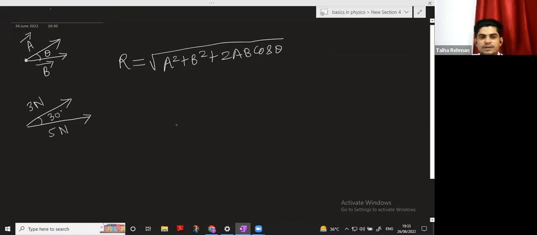So now let's see the climax. We have to find, and now you can compare what is the value of A here. A equal to 3.